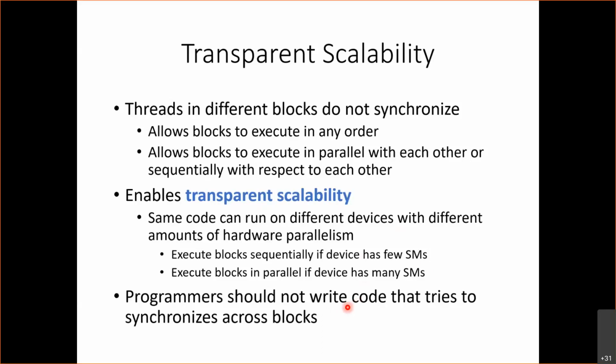If I try to synchronize across all the blocks, some blocks are running, but some blocks are waiting. So what happens? The blocks that are running are waiting for the blocks that haven't started running yet to synchronize with them, but the blocks that haven't started running yet are waiting for the blocks that are running to finish, in order for them to start running. Is that clear? So nothing will run.